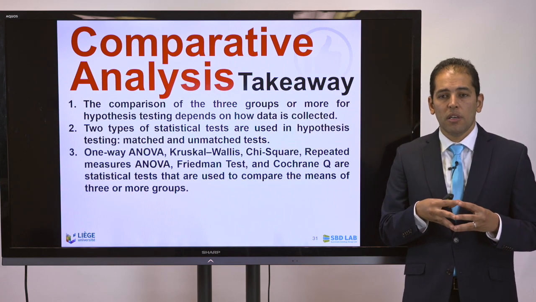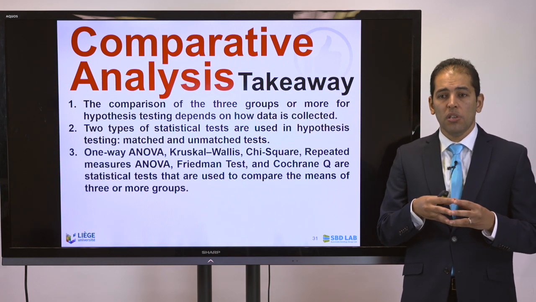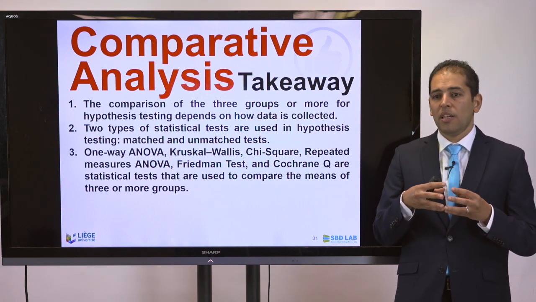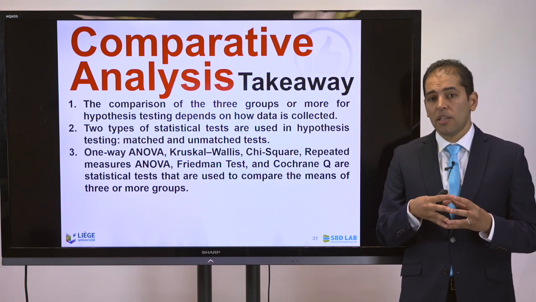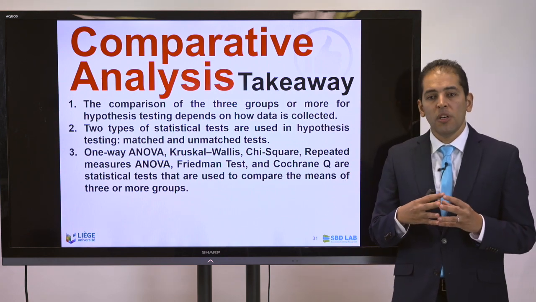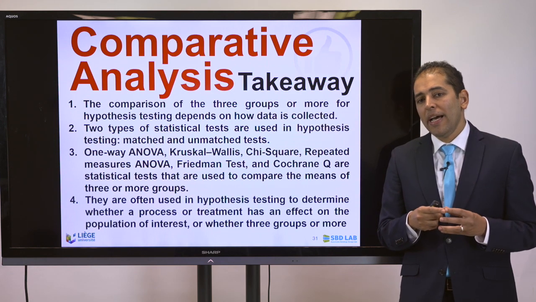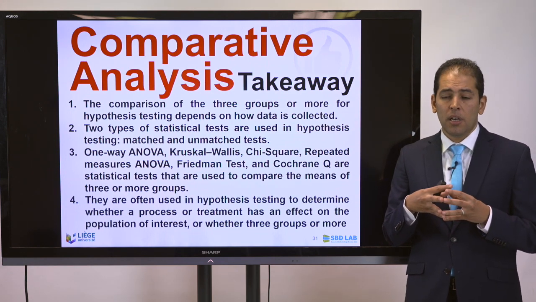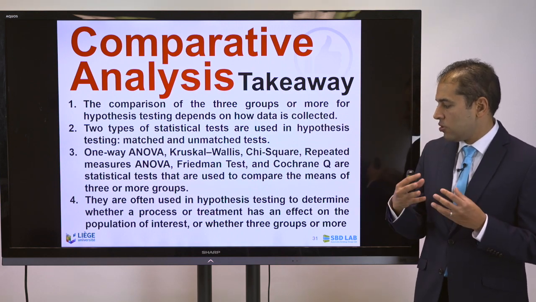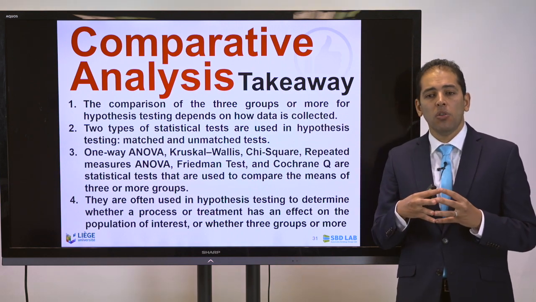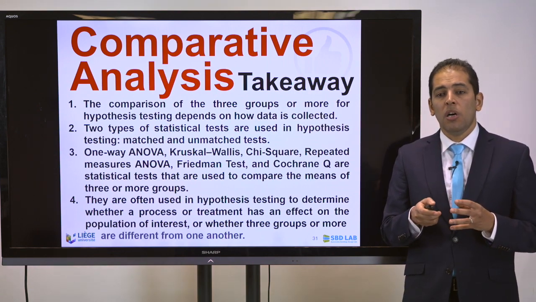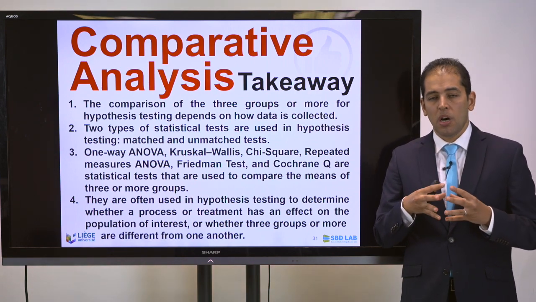Look at ANOVA, the Kruskal-Wallis, and the chi-square, the repeated measures ANOVA, the Friedman test, and the Cochran Q test as statistical tests that are used to compare the means of 3 or more groups, and they are often used in hypothesis testing to determine whether a process or a treatment has an effect on the population of interest or whether their groups have a difference from one another.